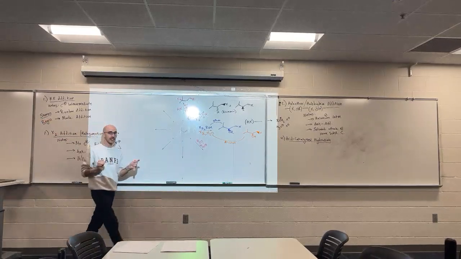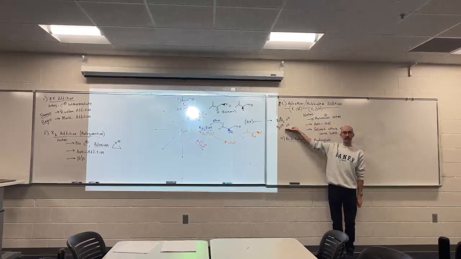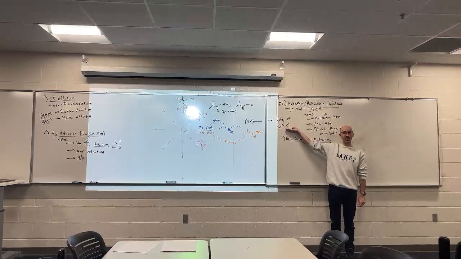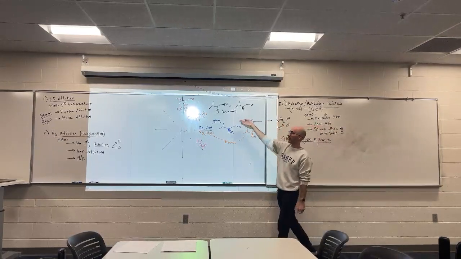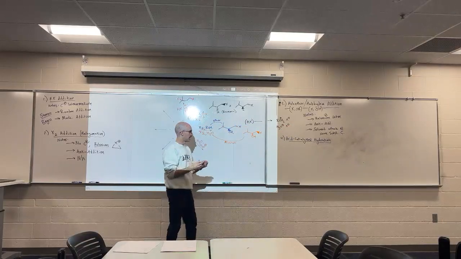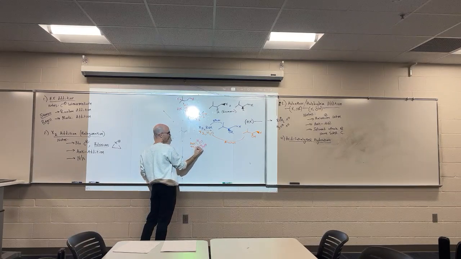You can make H3O plus in situ by dissociating a strong acid with it. But if I use a strong acid like HCl or HBr, then I risk running an HX addition reaction. So here, we don't want to use HCl or HBr.